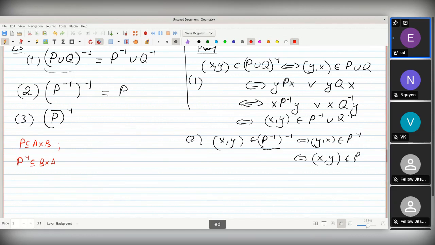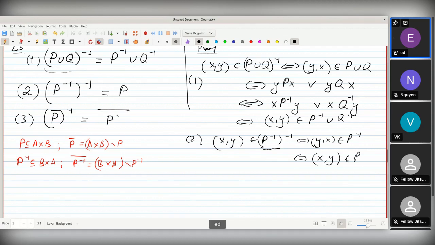And the complement of P is just A times B minus P. All the pairs excluding those in P. And likewise, the complement of this set is just B times A minus the converse of P. So we are stating that this set equals what?